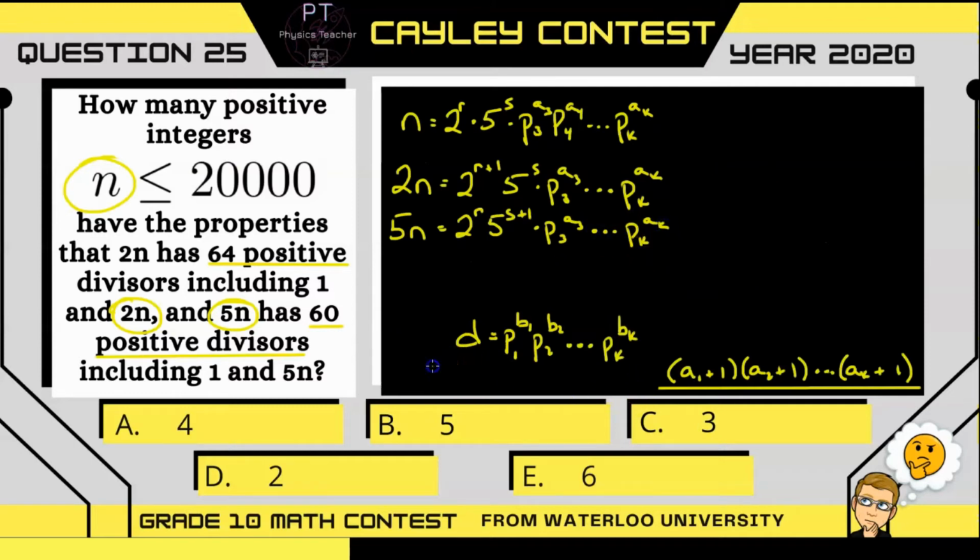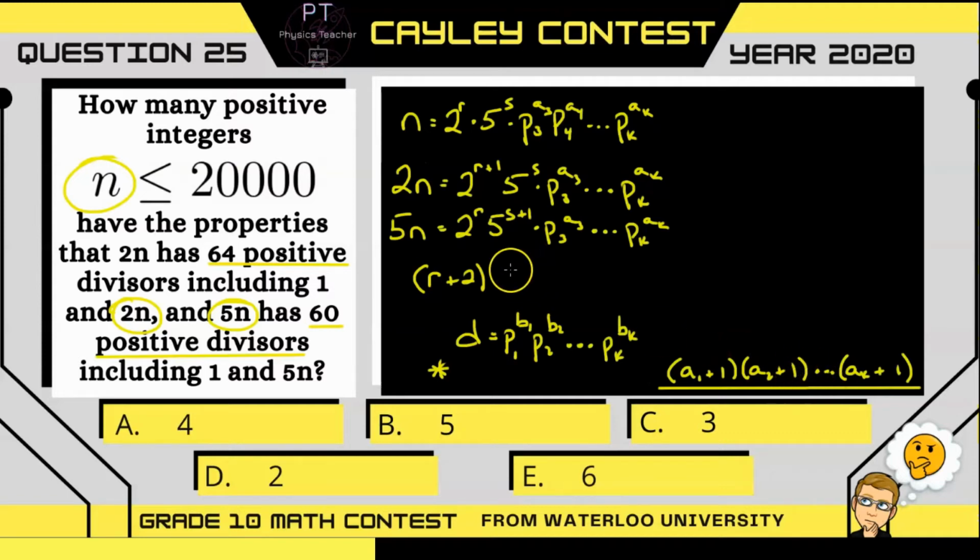Now if we go back down to this concept here, and we look at all the possible divisors for 2n and 5n, well, for 2n, what we have is r plus 1, like here a1 plus 1, so that gives us r plus 2. And then we have the s plus 1.